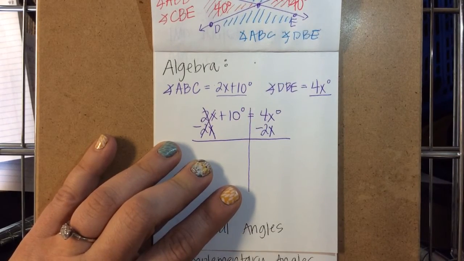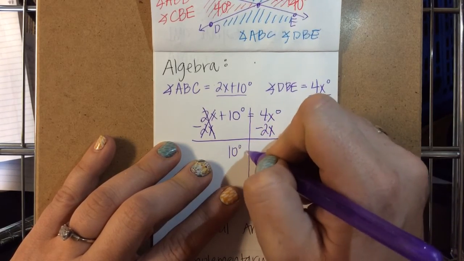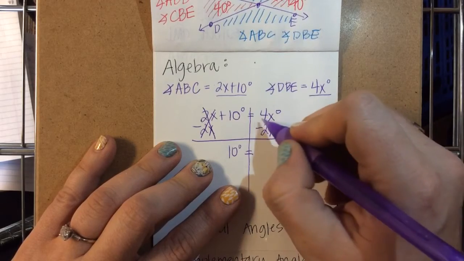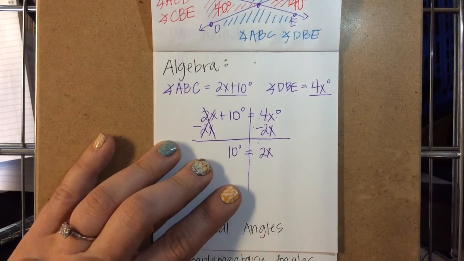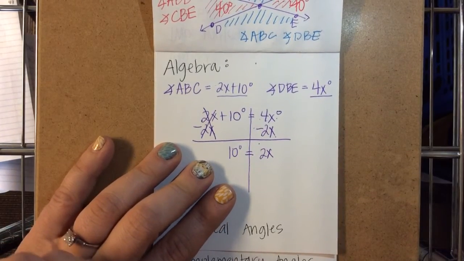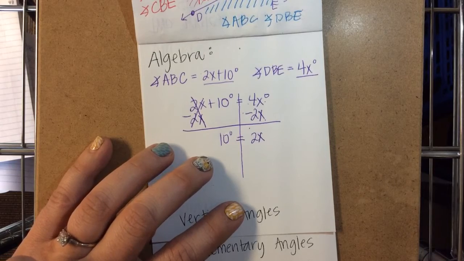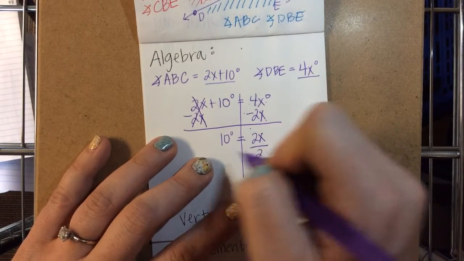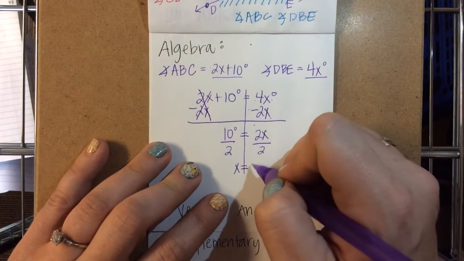What's left over? 10 degrees equals 4x minus 2x is 2x degrees. Am I done? What's my last step? Divide by 2. So x equals 5 degrees.